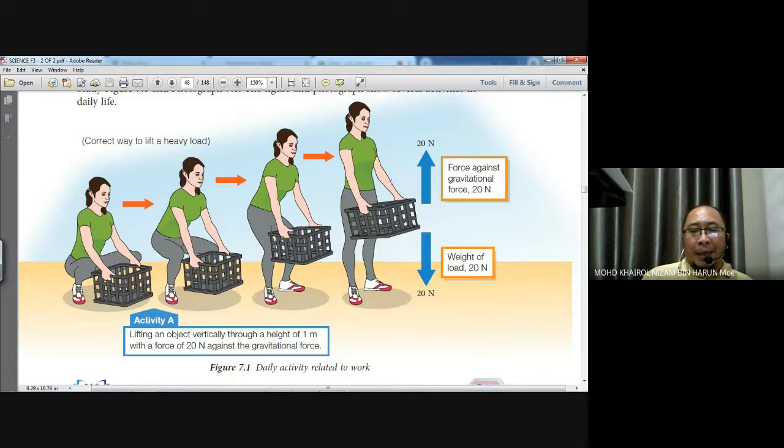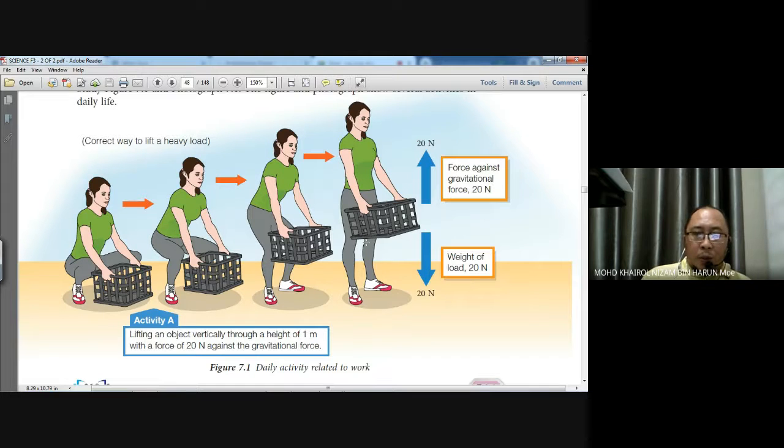So how do we calculate the work? We have to calculate the force that is used to lift this object times the distance from the floor. The distance given here is 1 meter.